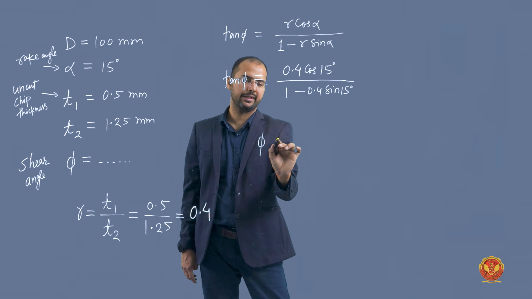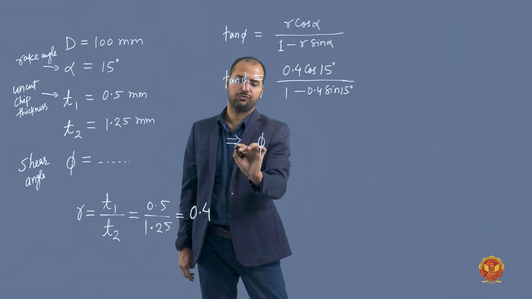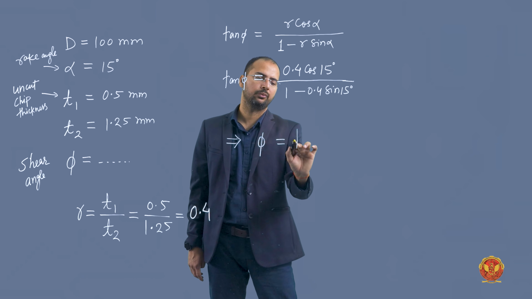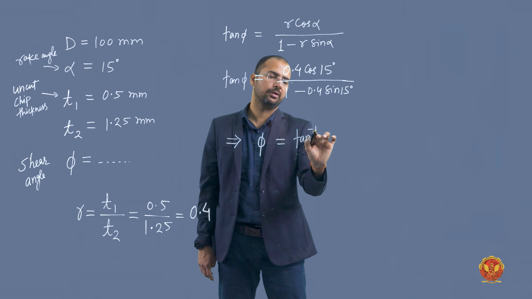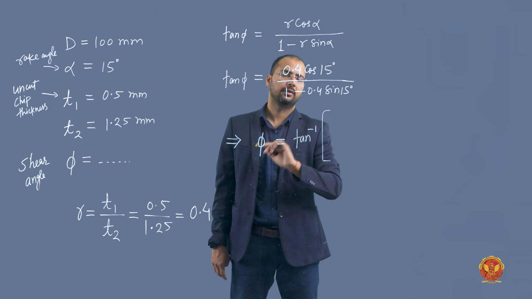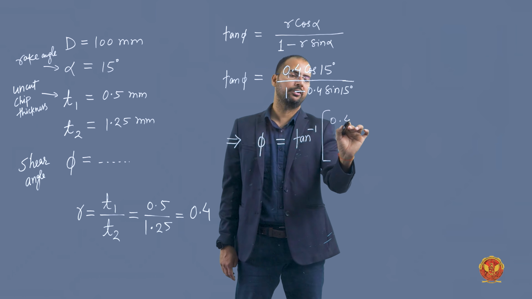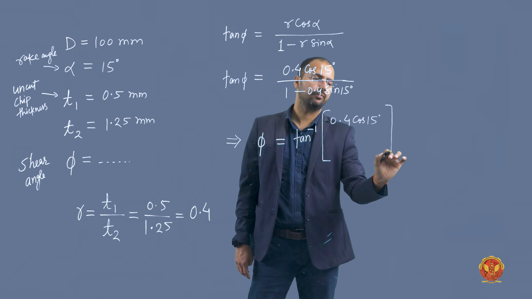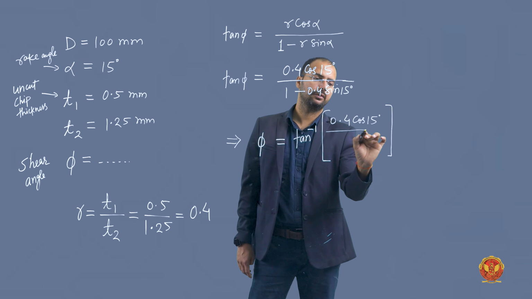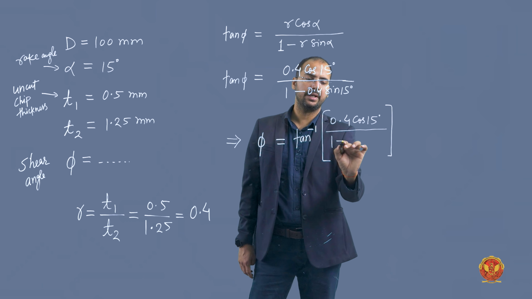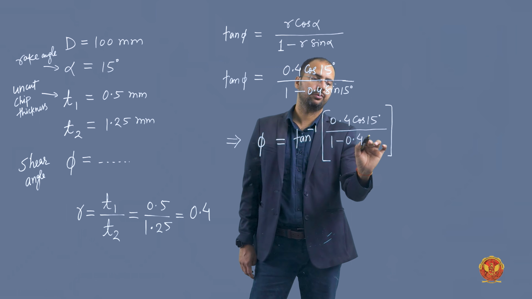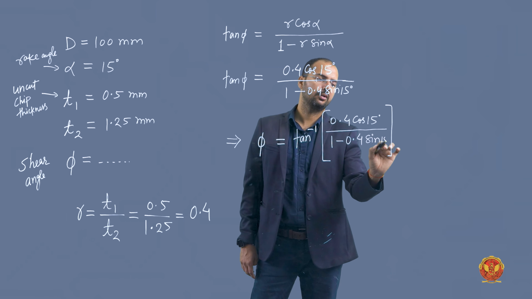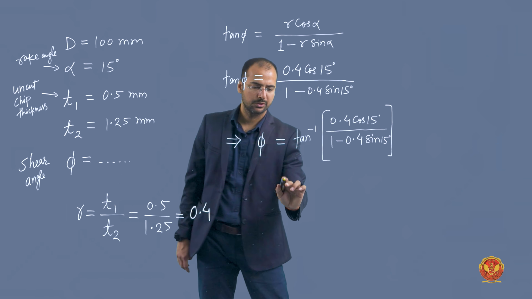So phi can be written as phi is equal to tan inverse of 0.4 cos 15 degree divided by 1 minus 0.4 sin 15 degree.